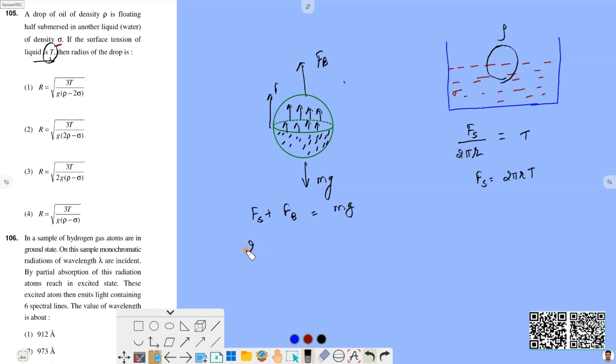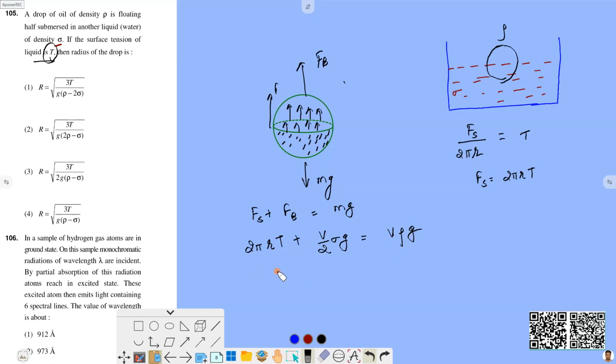Fs is equal to 2 pi r T. Buoyant force will be V by 2, as half the volume is inside the water, into the density of water, sigma, into gravity, and this is equal to mg, which can be written as V rho g.